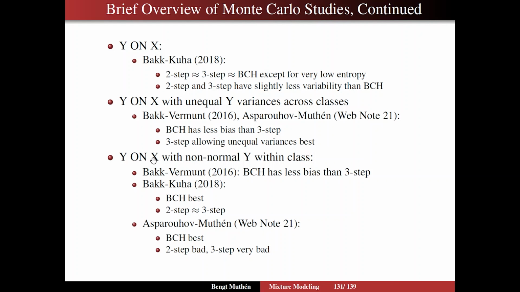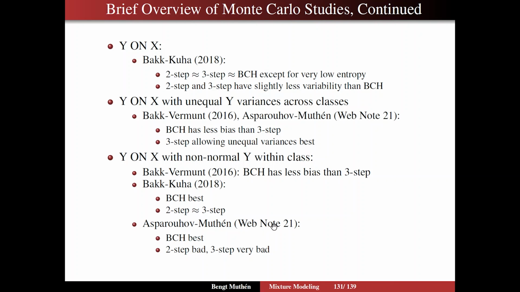Now, Y on X with non-normal Y within class, which is a little bit like what we had for the ASB real data example, antisocial behavior. Bach and Vermont pointed to BCH as having less bias than 3-step. And Bach and Kua said that BCH is best, 2-step equals 3-step pretty much.